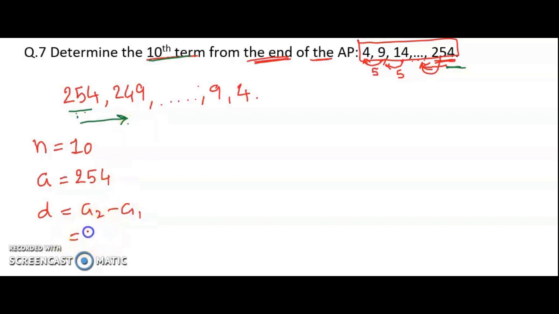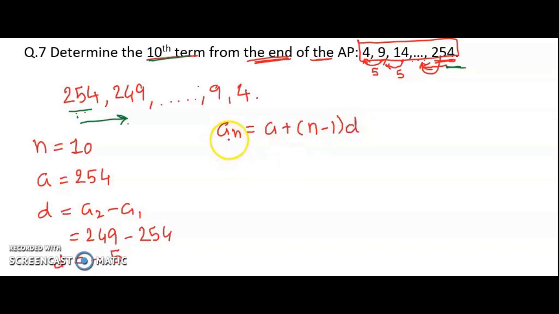So a2 is 249 minus a1 is 254. So the common difference will be minus 5. Now put this in the formula, an equal to a plus n minus 1 d.